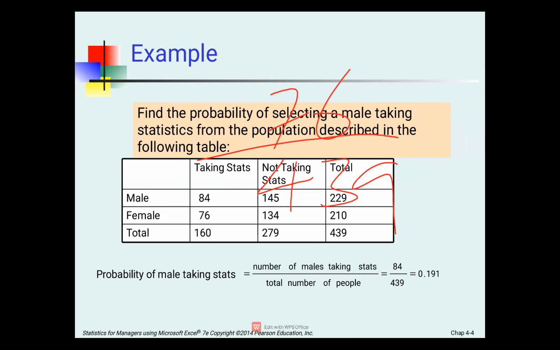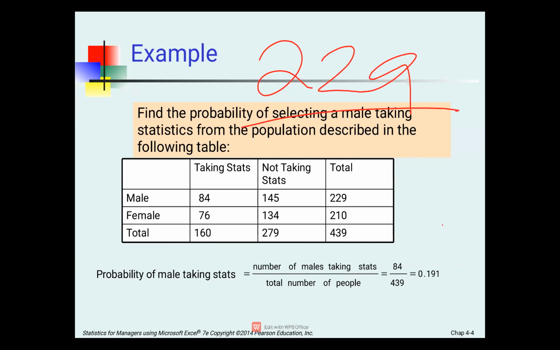If we want those that don't take statistics, you do the same thing. Then if we want to find the probability that the person selected is male, regardless of whether they're taking statistics or not, you get the total number of males, 229, divided by 439, and you have the probability of selecting a male regardless of what they are taking.